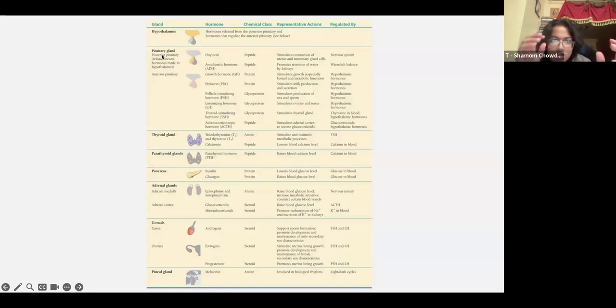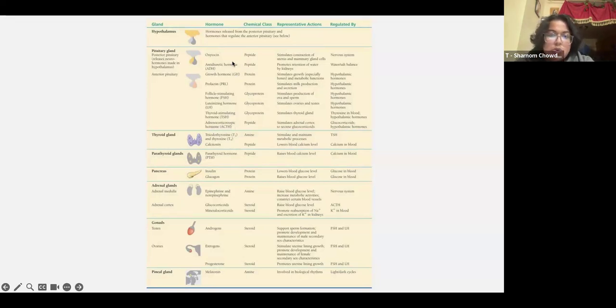The pituitary, which is the gland, releases a lot of hormones. What he's talking about at first is adrenocorticotropic hormone, sorry, not acetylcholine. So yes, the pituitary gland releases ACTH.